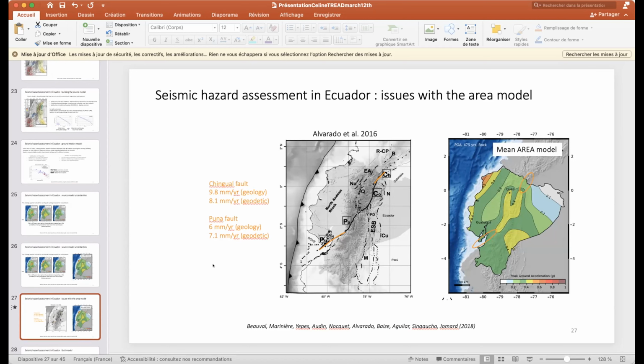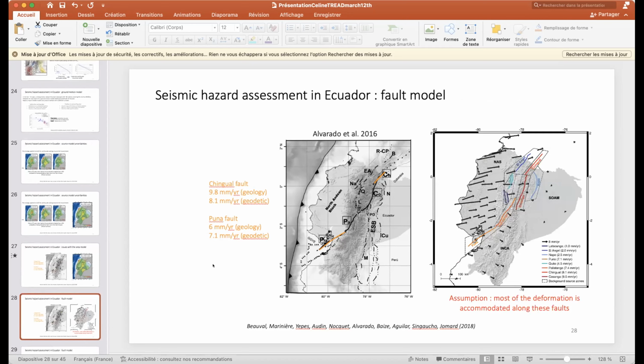So we decided to develop a fault model and use the information from active tectonics to define a set of simplified faults. You recognize here in orange and red the corridor of faults accommodating the movement of the North Andean block, or North Andean sliver, with respect to the South American plate.